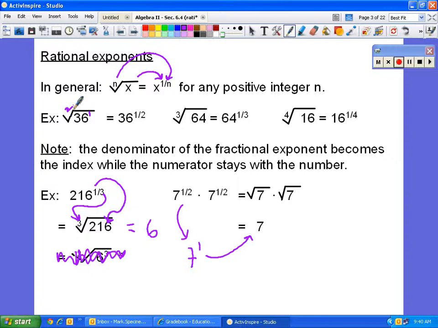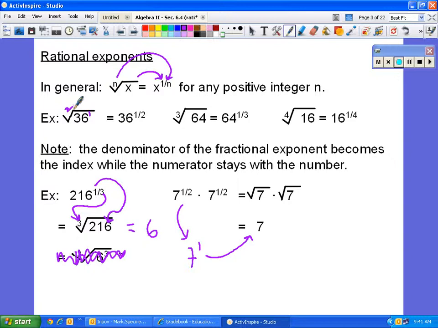So the one that I came up with is that the numerator stays with the number. Numerator and number. What I mean by that is if I have an exponent, say 216 to the 1/3 power, and I want to convert that to a radical, the numerator stays with the number.